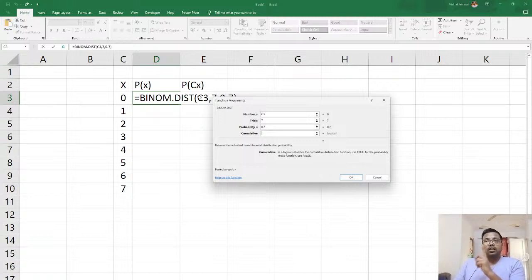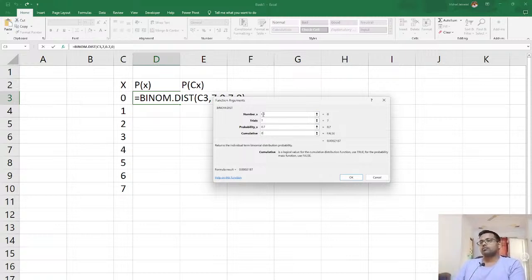But when we calculate the cumulative, it is going to take the density for 0, density for 1, density for 2, and add all of those to come up with the cumulative probability for the binomial distribution for 2. So it will add all the previous results also. In this case, we are only going for the density function, so I'll set it as 0, which represents false.